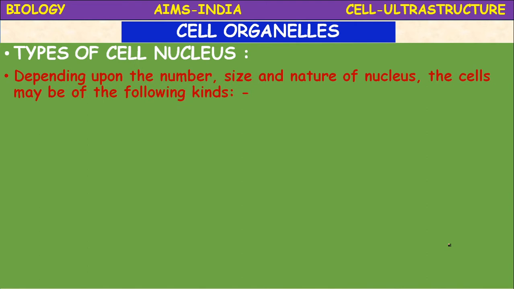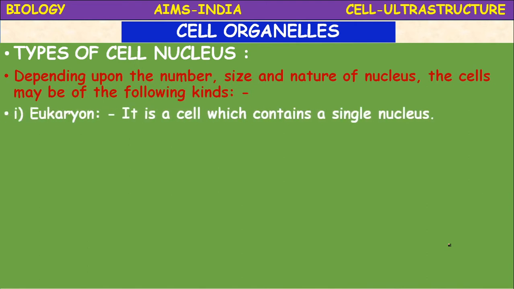The types of nucleus. Depending upon the number, size, and nature of the nucleus, the cells may be of the following kinds. Okay, on what basis? On the number of nuclei, the size of the nucleus, and the nature of the nucleus, the cells may be divided into the following kinds.